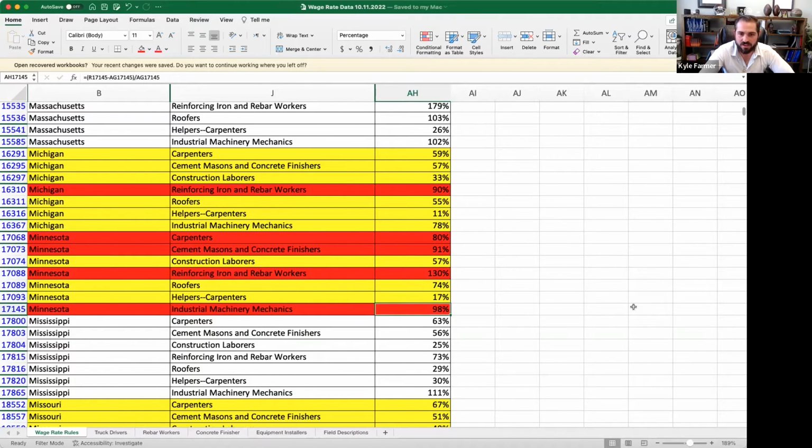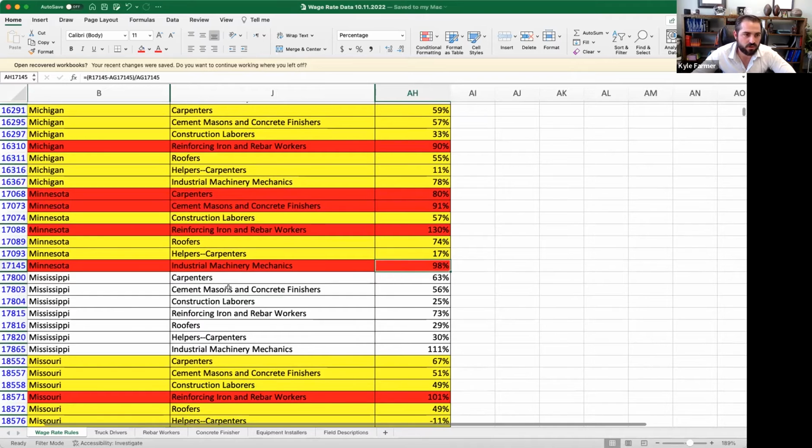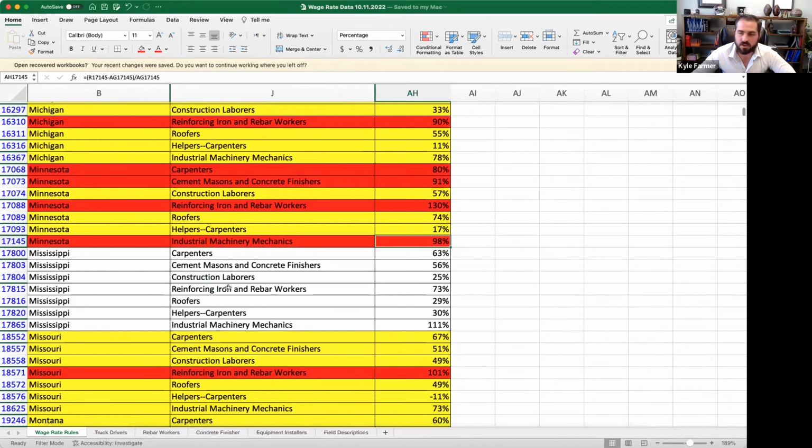Equipment installers, 98%. Minnesota also has the variable of having to pay overtime to agricultural workers after 48 hours. And so you're paying the overtime on that much higher wage rate. Wouldn't expect a lot of future construction in Minnesota either.